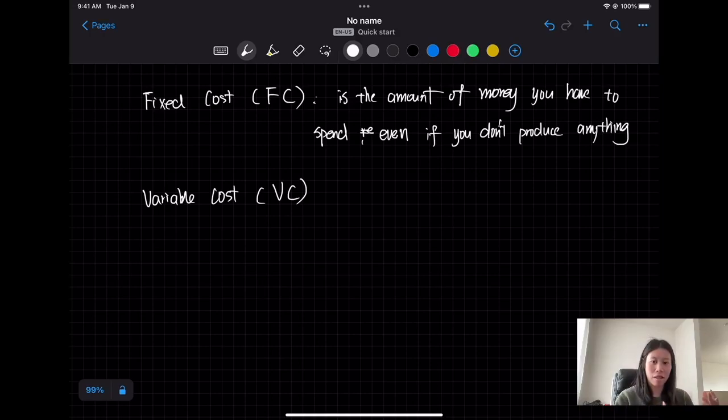The money that Starbucks pays you is considered variable cost. So if you work there for 3 hours, and the rate is $20, that means they have to pay you $60. So that's variable cost for Starbucks. Another example would be commission-based salary. That would be a variable cost for the company.